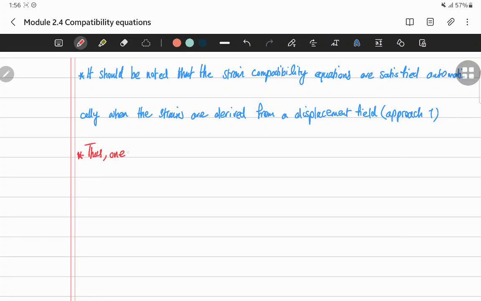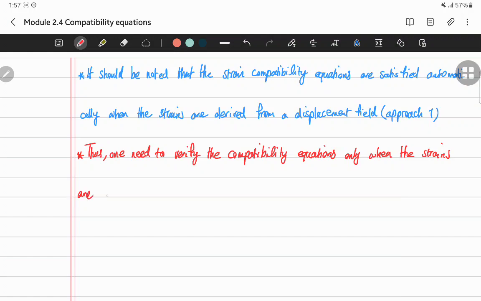Thus, one needs to verify the compatibility equations only when strains are derived from stress, maybe from a stress strain constitutive law.